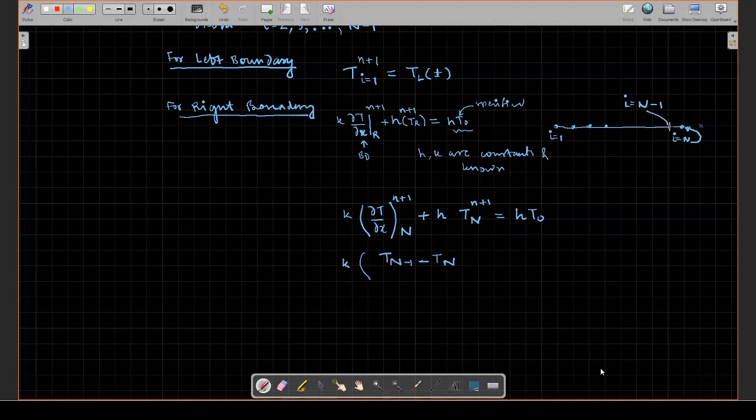So whatever the value of temperature here minus the value of the temperature here, divided by delta x, the difference between two grid points, and this has to be calculated at T n plus 1. So this is something like implicit, plus h T n plus 1 is equal to h t naught.